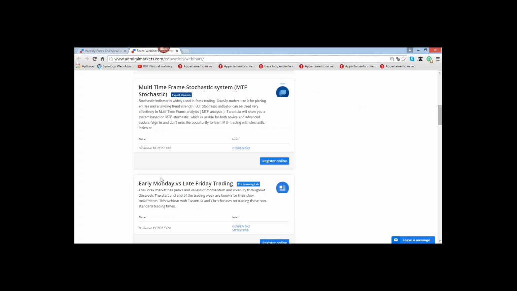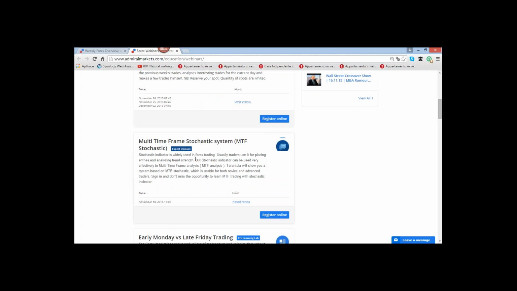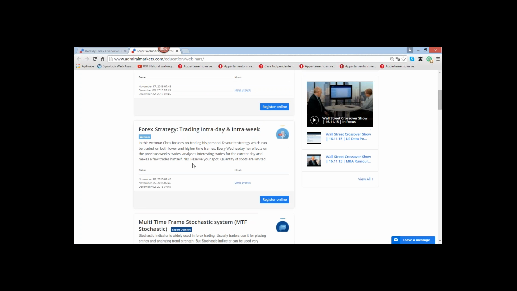And Thursday together, we're going to take a look at different ways of trading the volatility slowdown, on Mondays, early Mondays, Fridays, late. We're going to take a look at that type of trading on Thursday. That's all at 5 p.m. GMT time on Wednesday and Thursday, and tomorrow, same time, 7:45. All right.